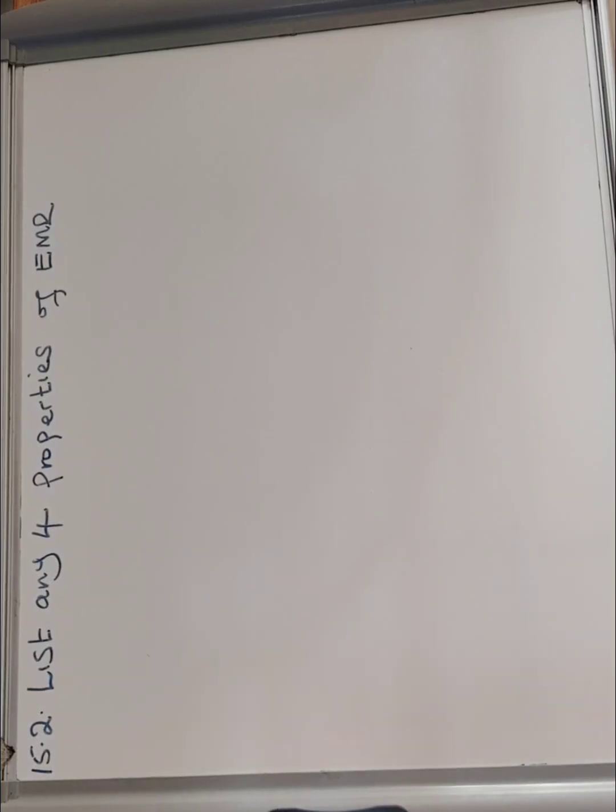Then comes the next question. It says, list any 4 properties of EMR, electromagnetic radiation. Any 4. Okay, EMR has so many properties, but there are some which are very, very important. Let us list some of them.